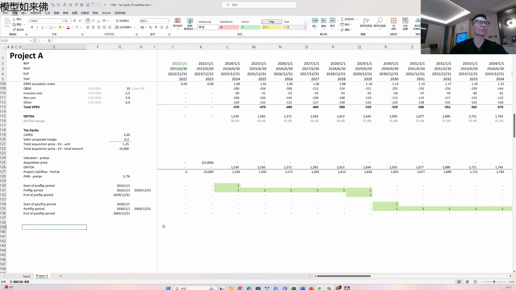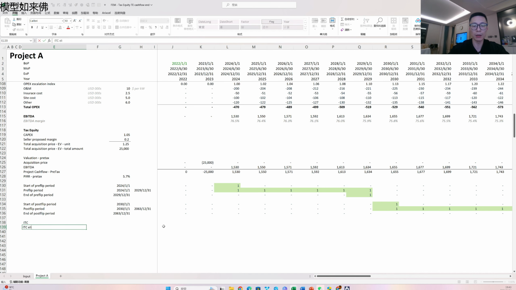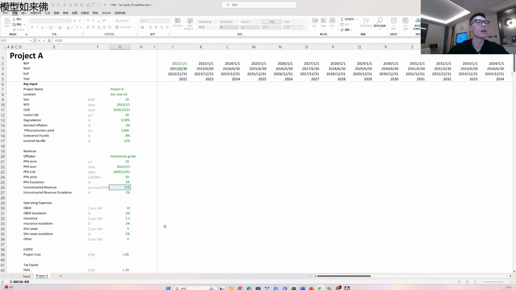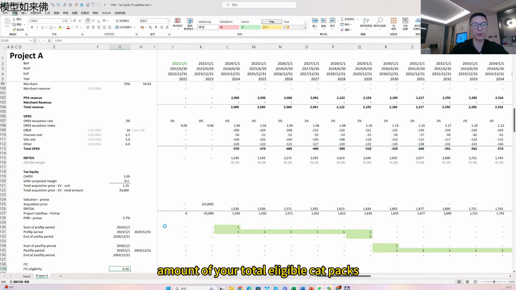So let's see the ITC part. Your ITC eligibility, you're gonna have a 30% amount of your total eligible capex.